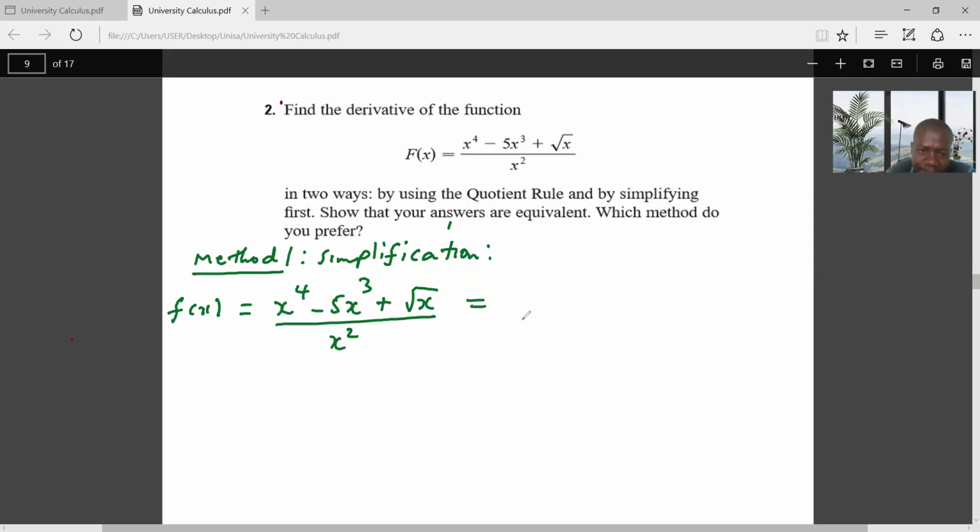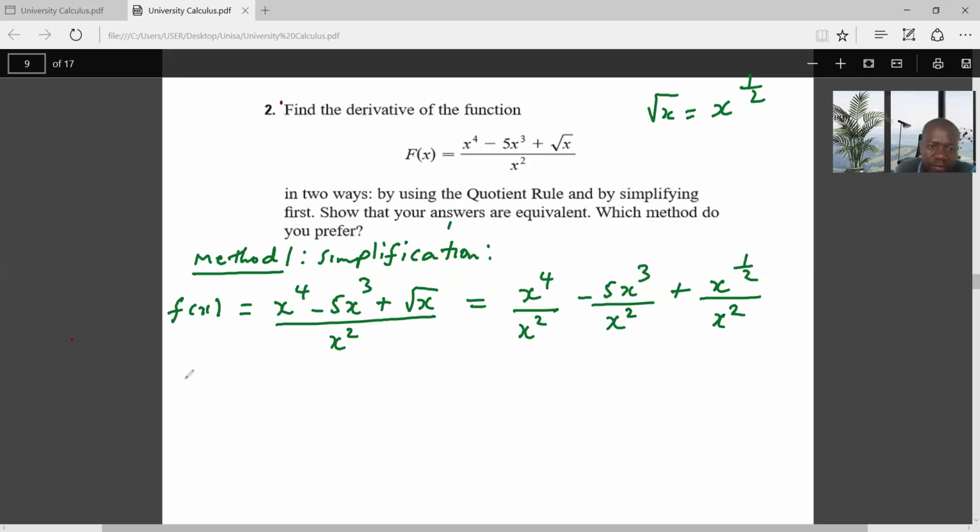This will be x to the power of 4 divided by x squared minus 5x cubic divided by x squared plus, we know the square root of an expression is that expression to the power of half, so this will be x to the power of half over x squared. I believe you are following.